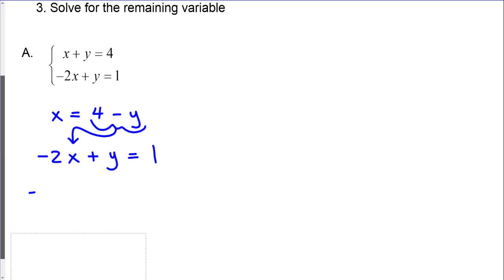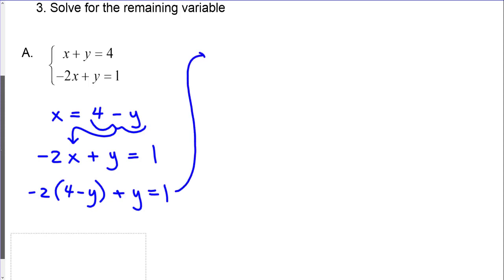So I end up with -2 times the quantity 4 minus y plus y equals 1, which may look more complex than what I started with, but the advantage is there's only one variable remaining in the equation that I now have, and I can solve for one variable.